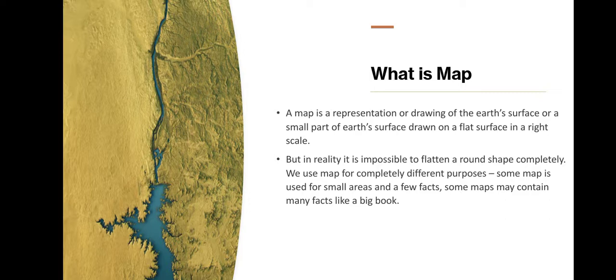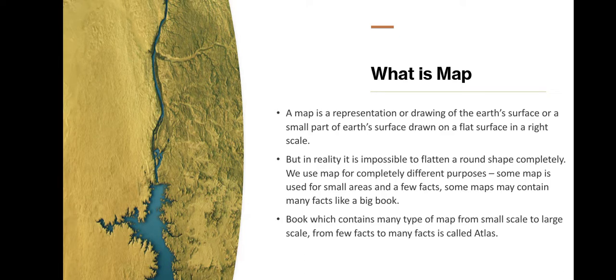So we use map for completely different purposes. Some map is used for small areas and few facts. Some maps may contain many facts, like a big book, you can say atlas.